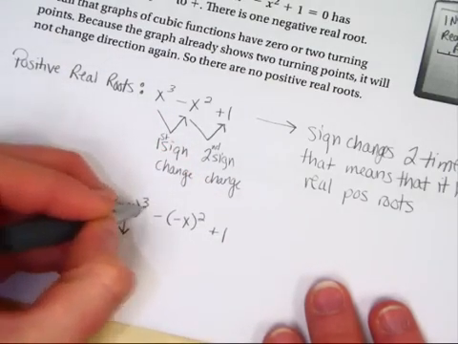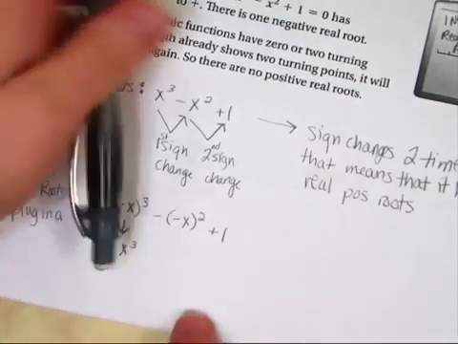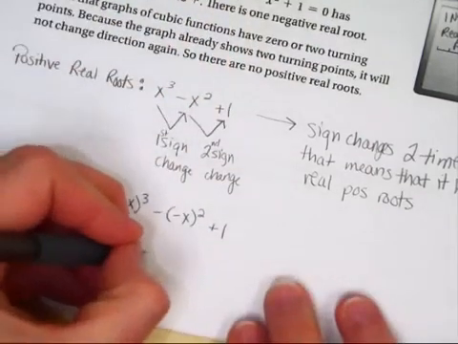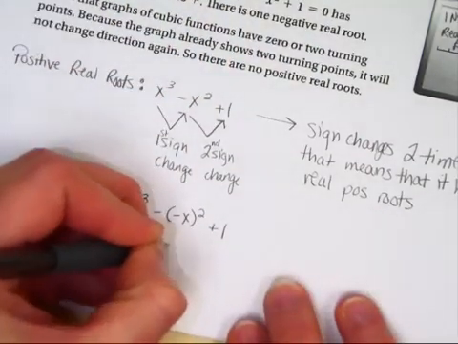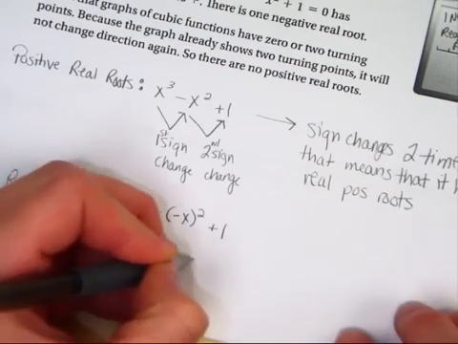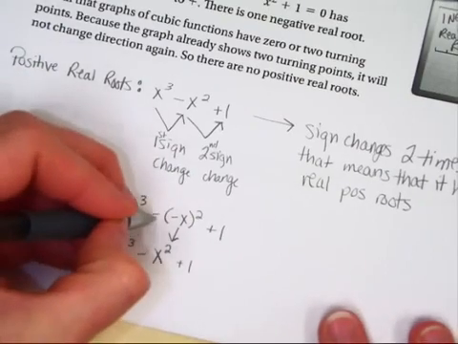A negative cubed is still a negative. Now in this one, I'm going to hide this minus sign for a second. A negative squared is a positive, but since we had a minus sign, you just write minus positive x squared. So the minus sign just comes down.